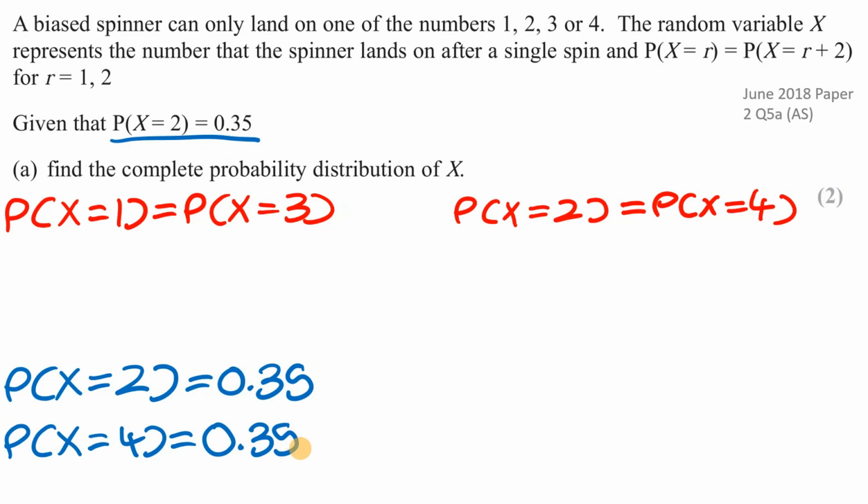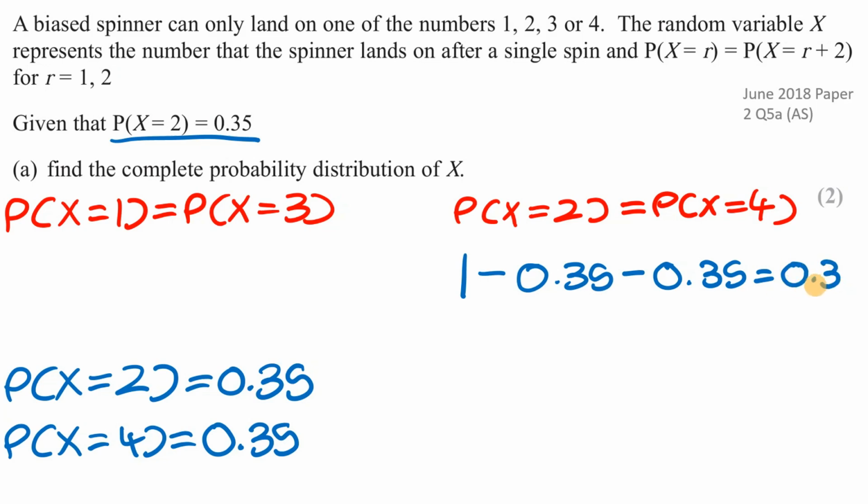Now, for an event, remember, all of the probabilities added together are equal to 1. Now, if we minus the probabilities that we've already taken into account, so we know the probability of the spinner landing on 2 is 0.35, and we know the probability of it landing on 4 is 0.35. If you put this into your calculator, it's equal to 0.3. So this here is the probability we have unaccounted for.